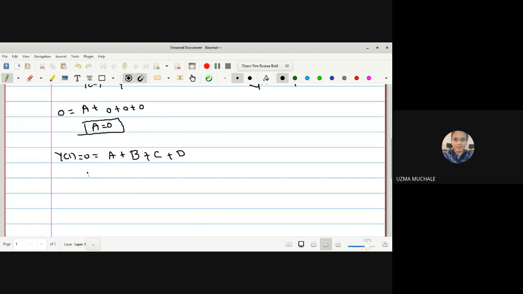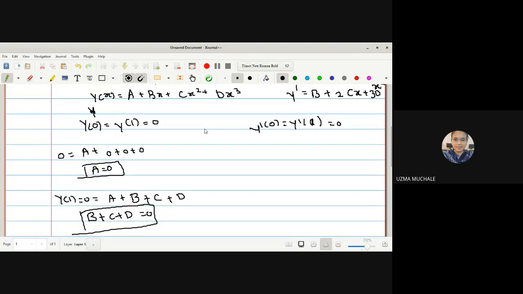Hence we get B plus C plus D is equal to 0. Y dash of 0 is equal to 0 means B plus 0 plus 0, which ensures B is equal to 0.